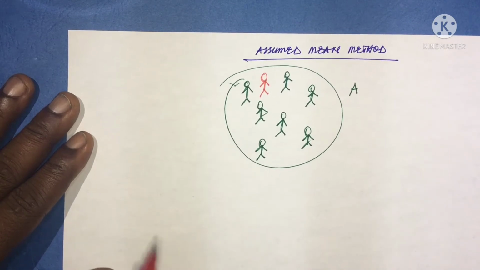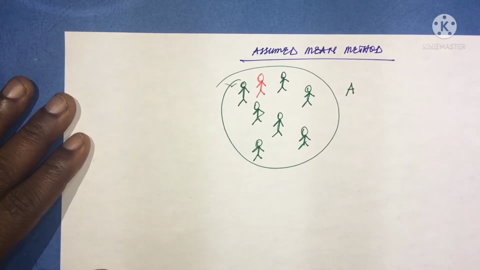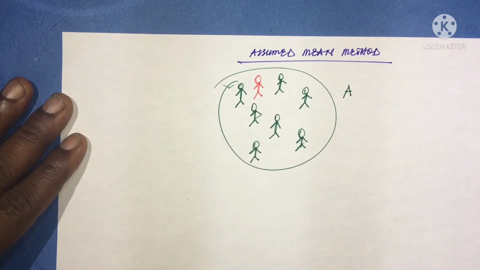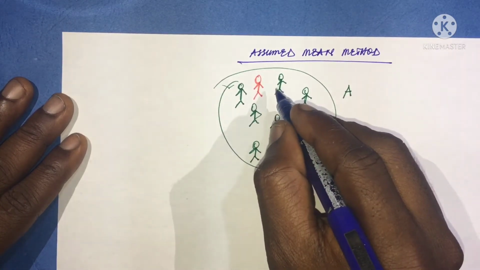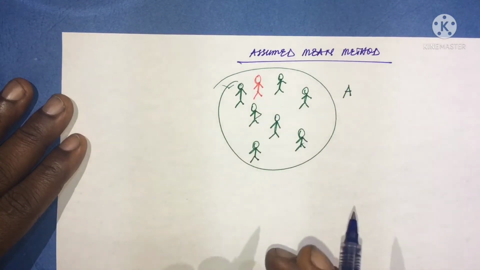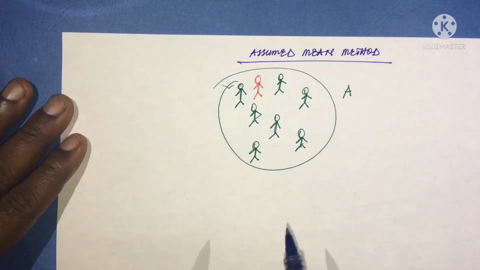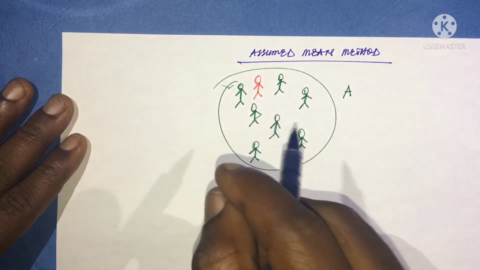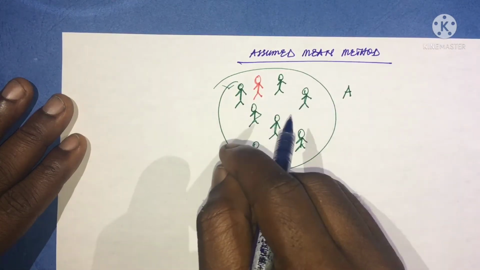Okay, what we want to do is to illustrate something. What is called the assumed mean is a mean that stands in the place of the actual arithmetic mean.